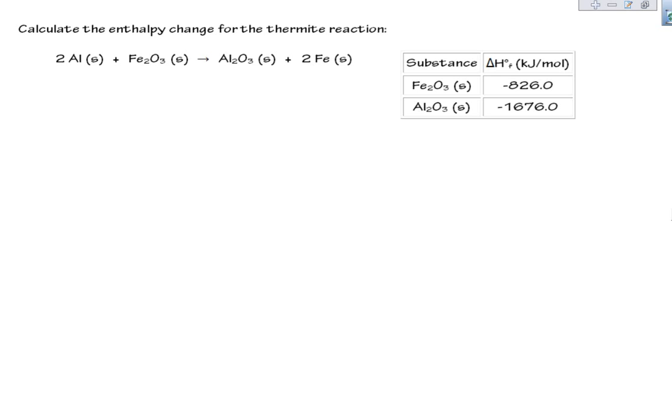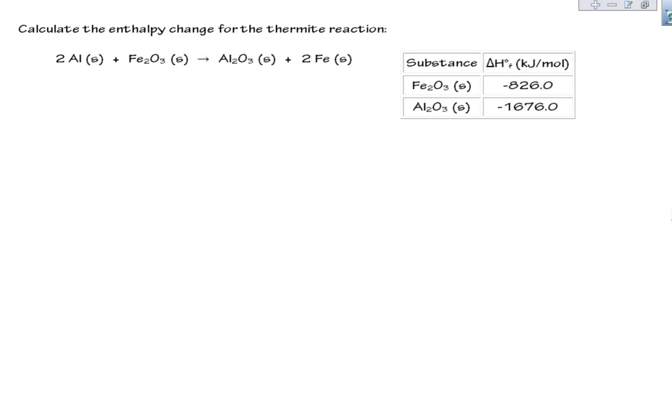But depending on how much energy we can make this thing release, I can get that iron to form not in the solid phase, but molten as a liquid. We're going to use really fine solid aluminum, like super tiny particles, and the same with the iron oxide. It's really a fine powder. We'll need to add a little energy to get it started, but I think I can get this thing to release enough energy that the iron would become molten.